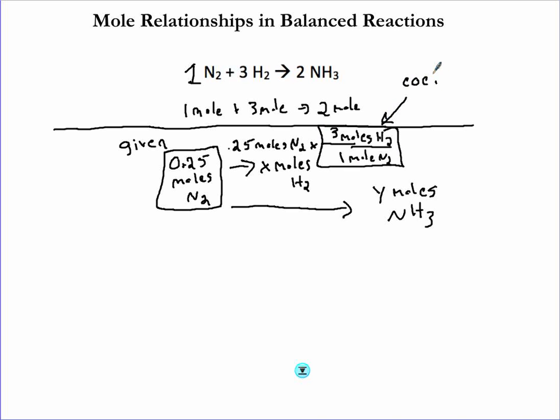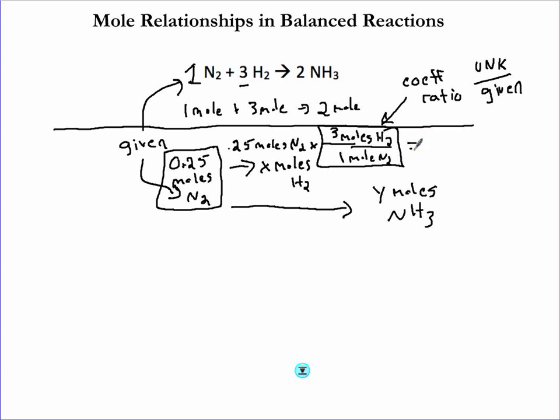And that coefficient ratio will always be the ratio of the unknown over the given. And since in this case we knew the N2 was the given, then in my first scenario here, I'm calculating moles of H2.